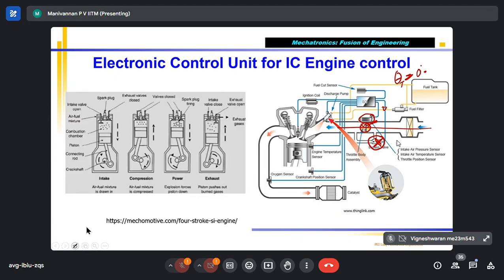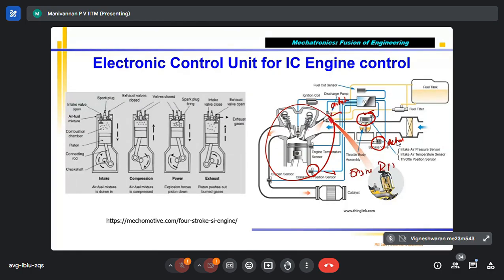So in the fuel injection system, we already know that it is a mechatronic system. The engine is a mechanical system. It has a fuel injector and a lot of sensors, like the TPS sensor. Then the bypass valve is also called an actuator. The fuel injector is an actuator, and it has a throttle position sensor and also a crankshaft position sensor, which is used for measuring engine RPM.